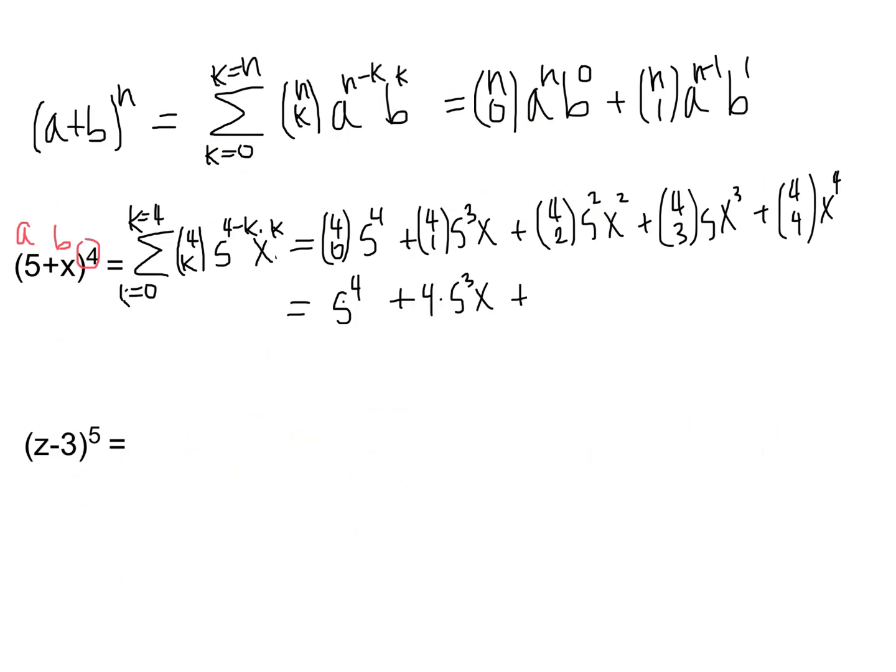Well, 5 squared is 25, and 6 times 25 is going to be 150, so we can compute this one out. 150x squared. 4 choose 3 is going to be 4 again, so we have 4 times 5, which is going to be 20x cubed, and 4 choose 4 is 1, so we have x to the fourth. And that will be our binomial expansion.